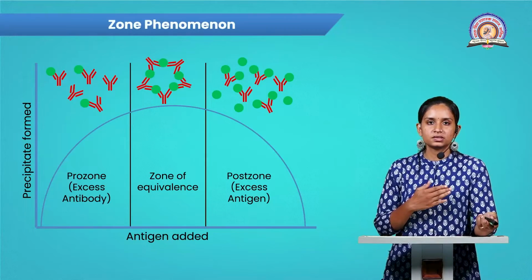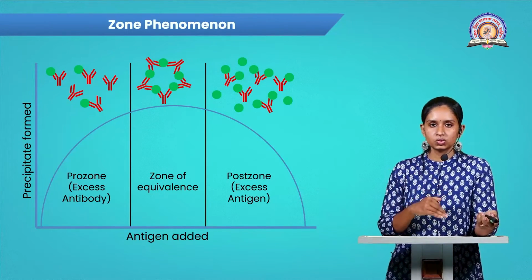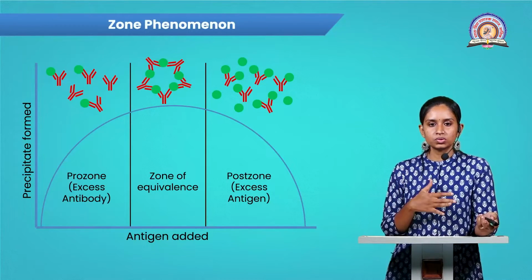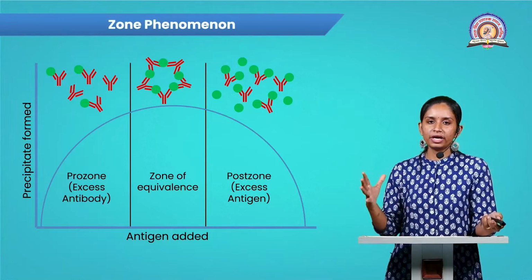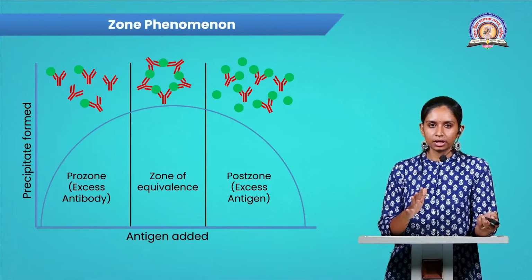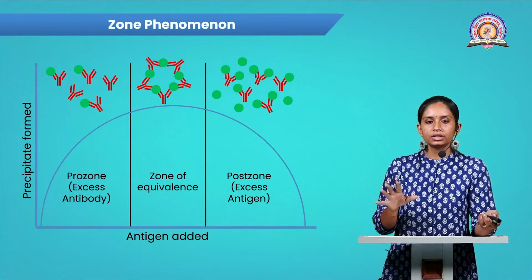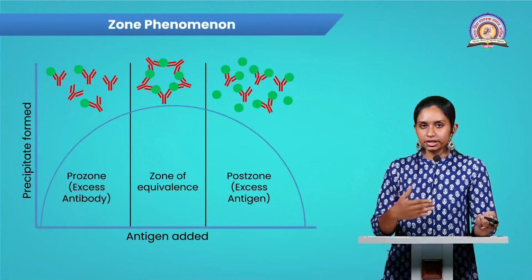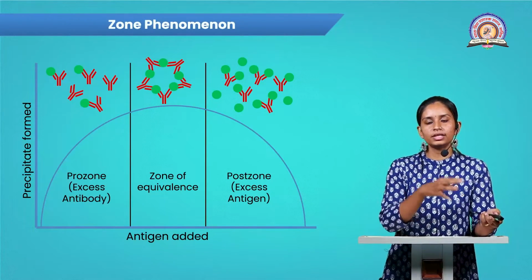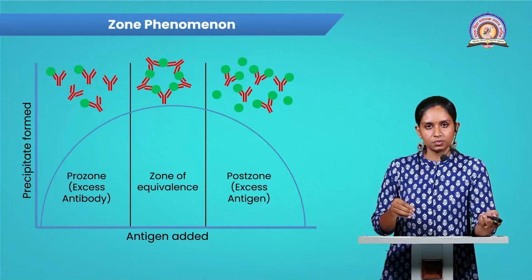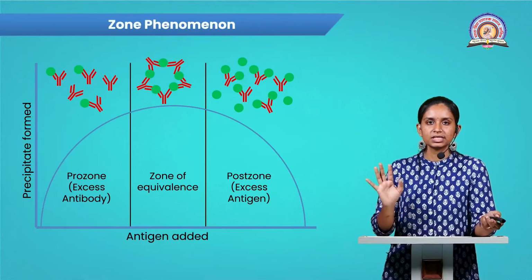In the third region, on the extreme right, you can see the post zone. Now what do we mean by post zone? In this region there are more antigens present as compared to antibody. Antibody concentration is the same, that is 5 antibodies are present, but the number of antigens has increased, and due to that they individually occupy all the antigen binding sites on the antibodies, and there is no cross linking or sharing of antibodies between these antigens.